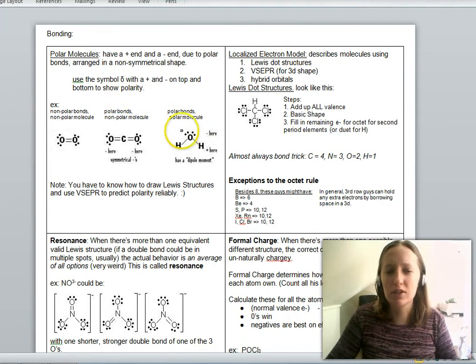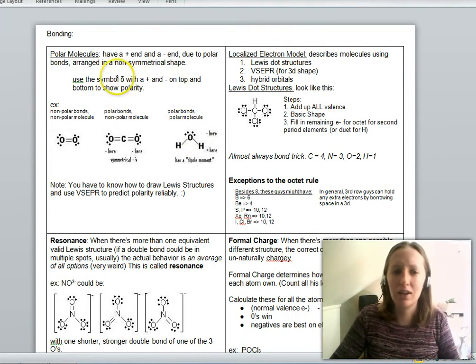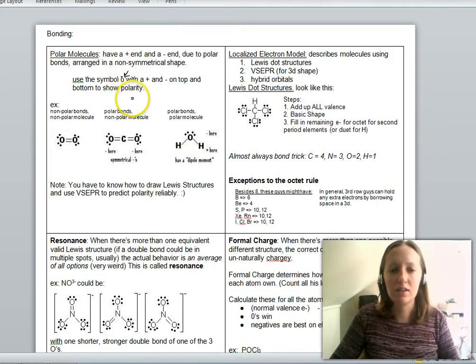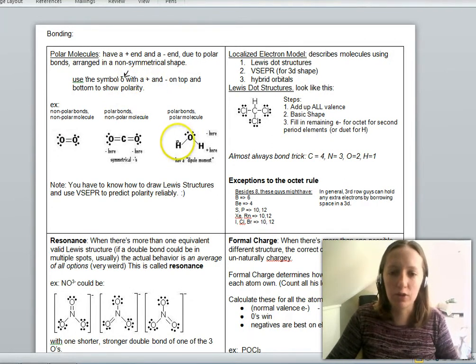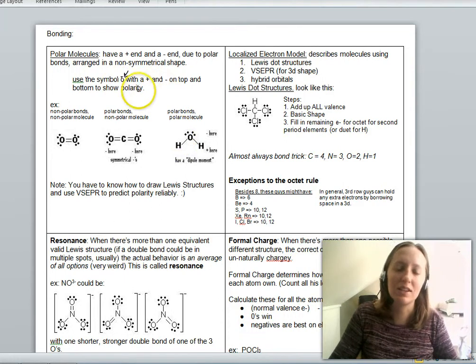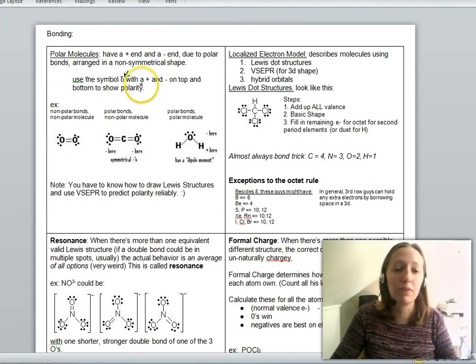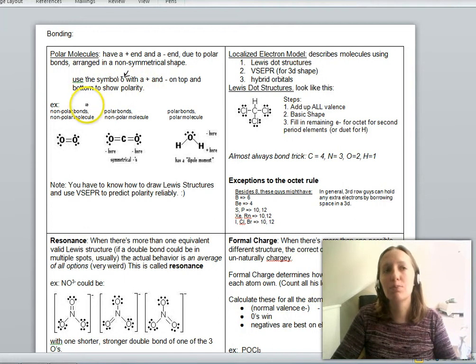And the funny little symbol that they'll draw to indicate that is this little one here. I think that's a lowercase delta, and that will be drawn on the molecule sometimes with a little plus or a minus to indicate the polarity of it. Kind of weird. Anyway, so that's polar bonds.